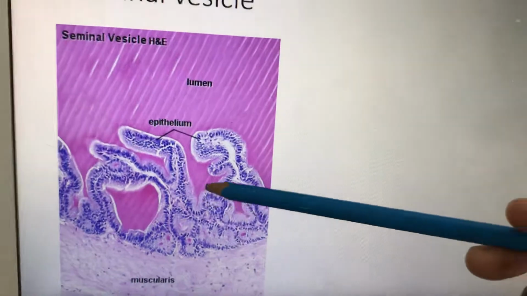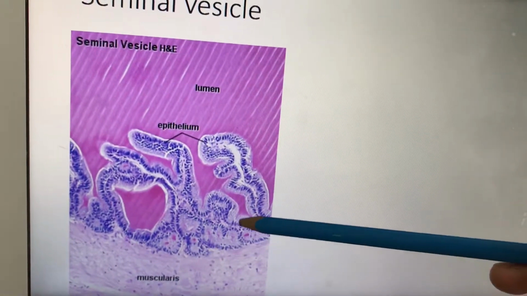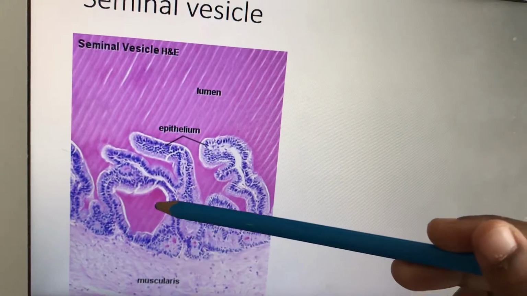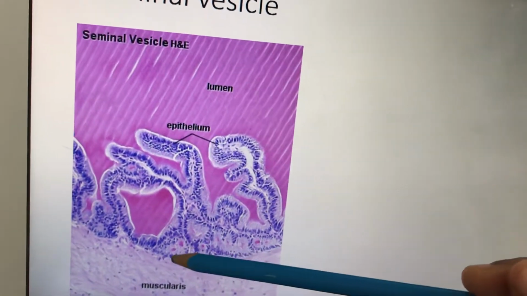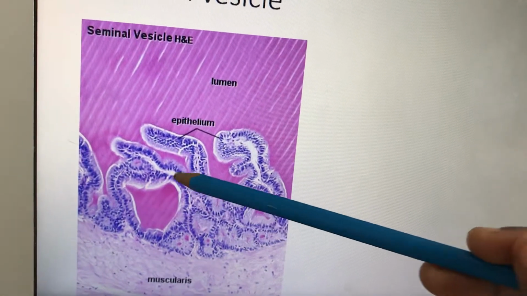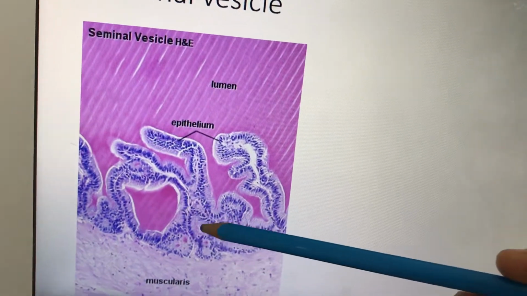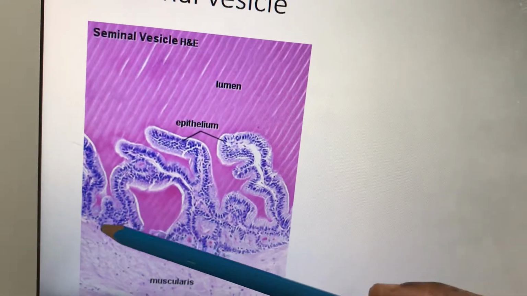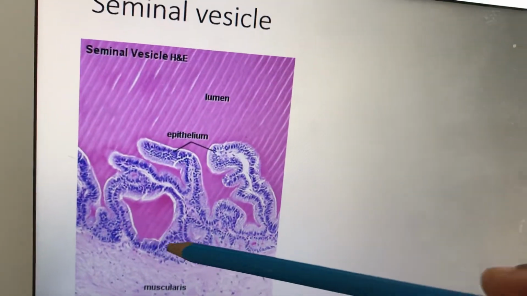Next is the seminal vesicle. In the seminal vesicle, you can see multiple folds. The mucosal folds are thrown. So this is called the primary fold. From there you have the secondary fold. The folds communicate with each other and they form the lumen. They form a circular lumen here.